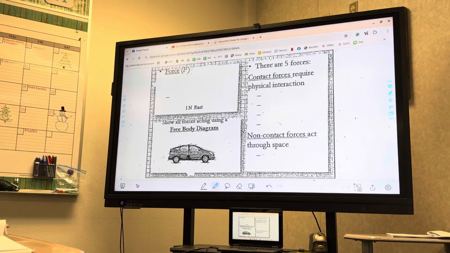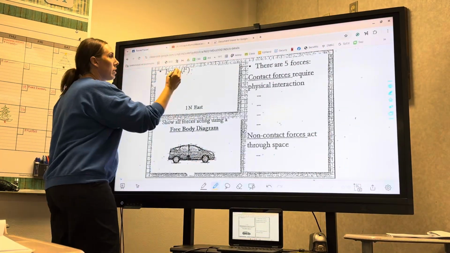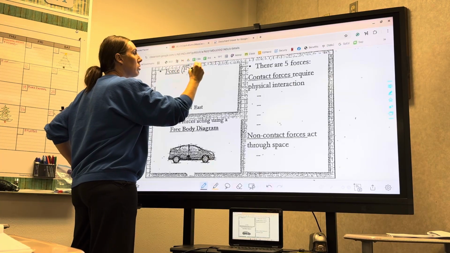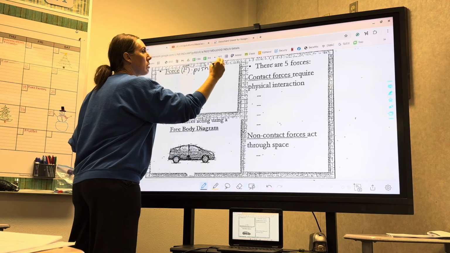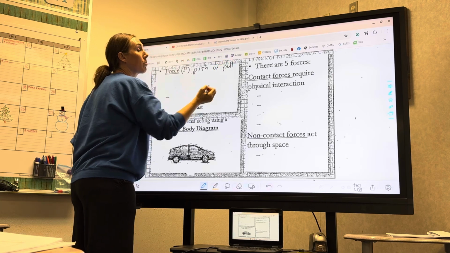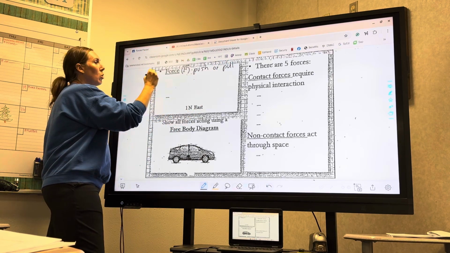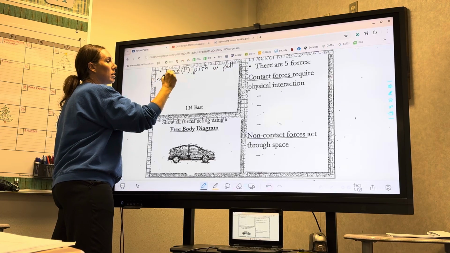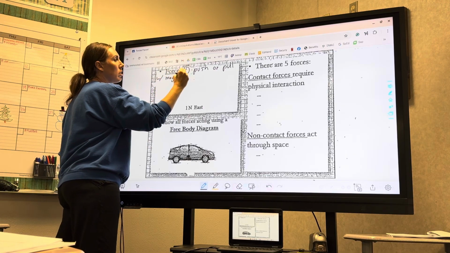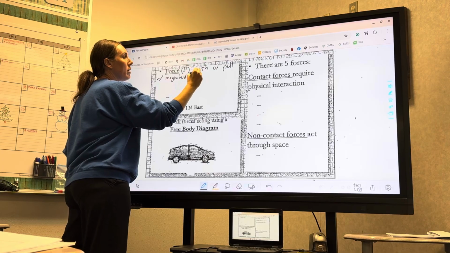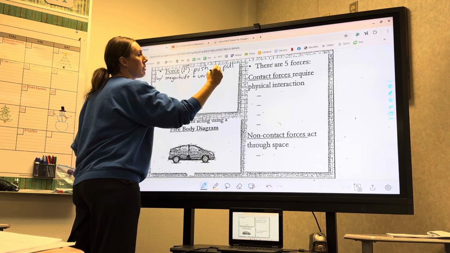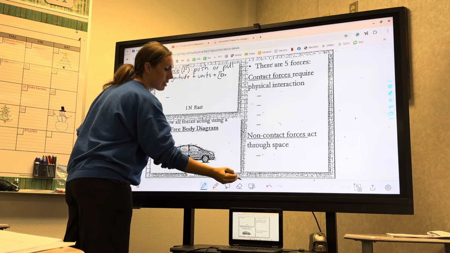Okay, y'all. So everybody turn to this page. So force, F hat, is a push or pull causing motion, okay, with magnitude plus units plus direction.